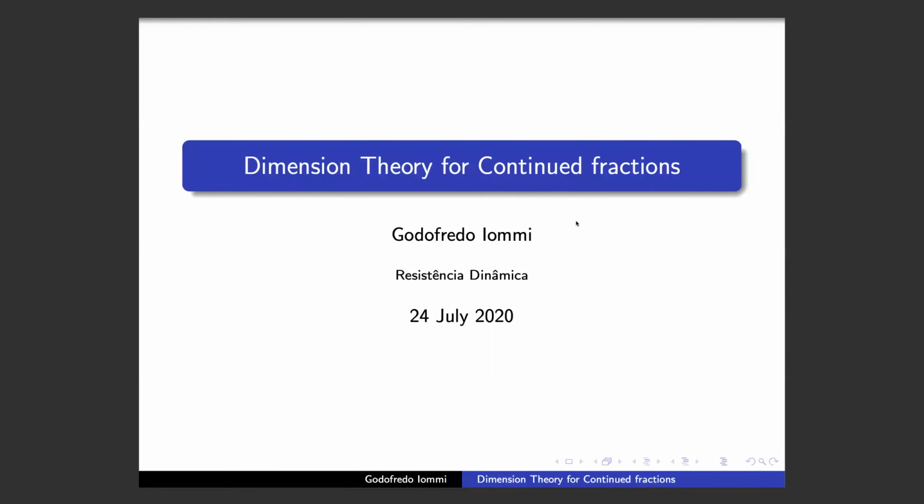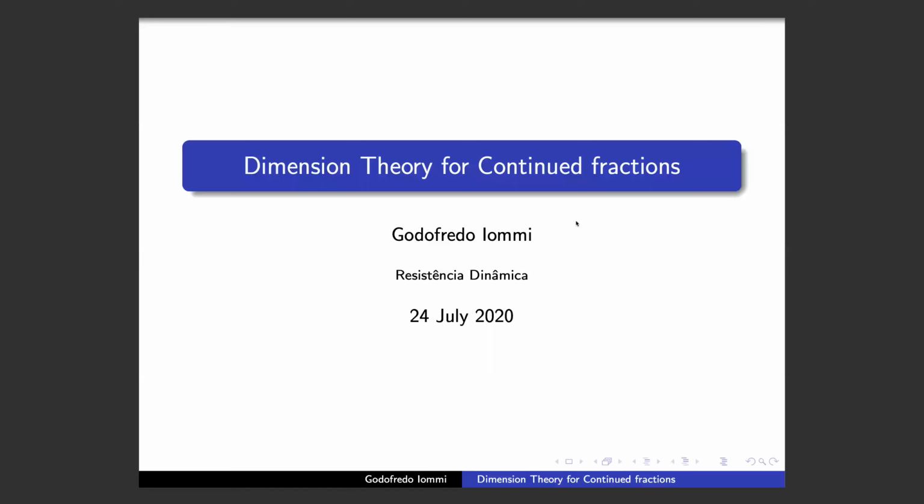But before going on to the continued fraction setting, I would briefly like to recall some results on decimal expansions, because I would like to compare it with the continued fraction setting later on.